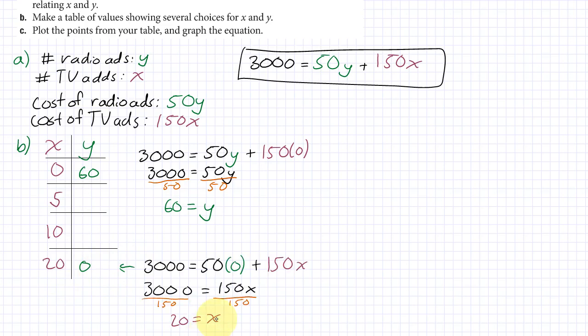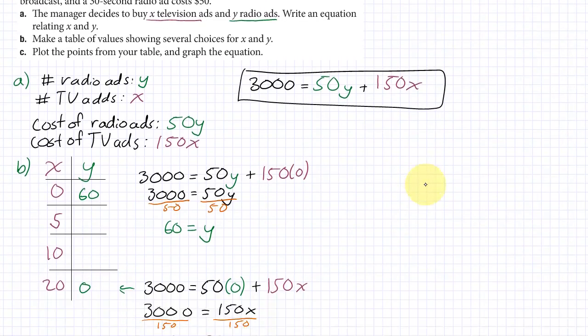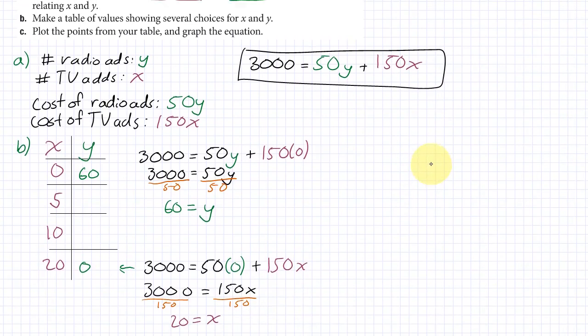That's how I get that the x-intercept is 20. So that means if the manager at Albert's Appliances, maybe it's Albert himself, spends $0 on radio ads, then he'll have enough money for 20 TV ads.